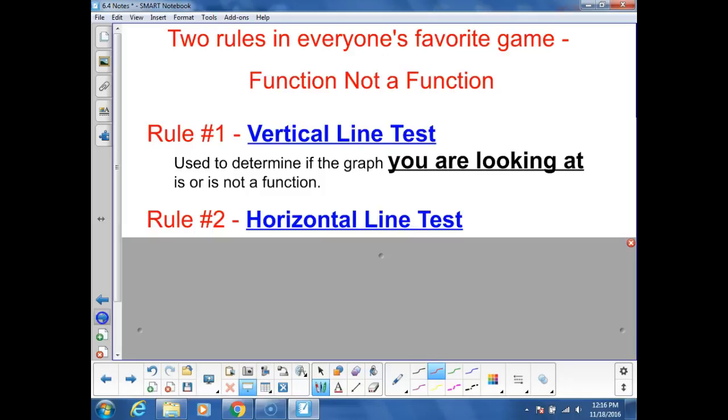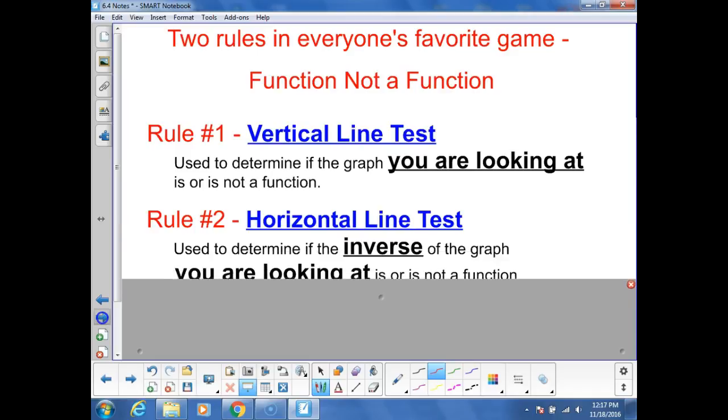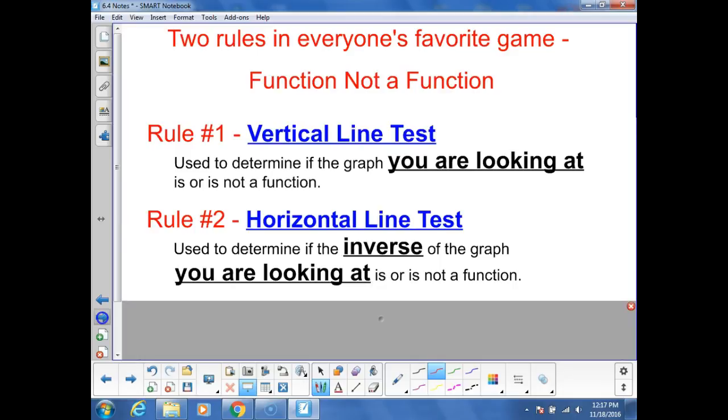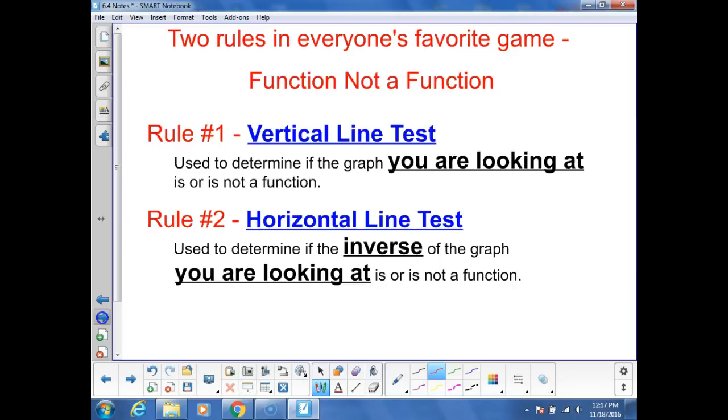So now I'm going to take a horizontal line and move it vertically across my graph, and if my picture only touches my horizontal line once at all points, then my inverse is a function.